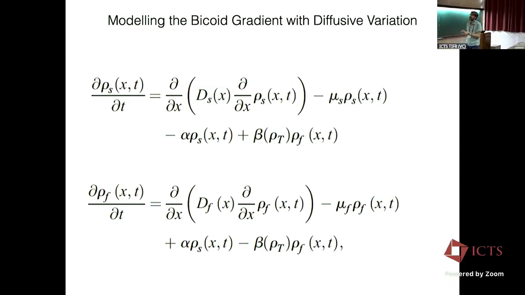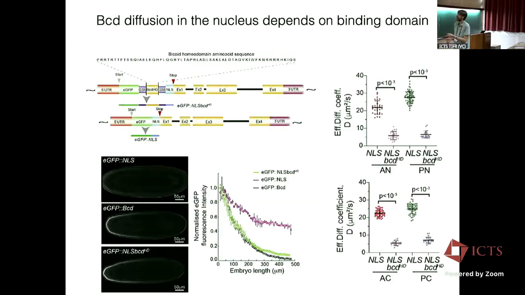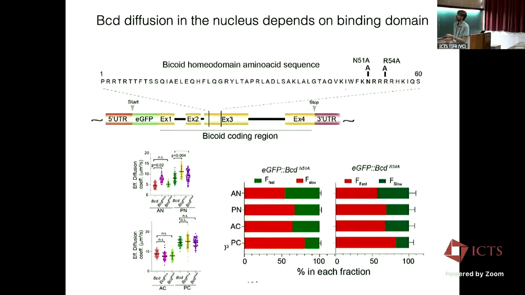What is physical? Well, I should have put the four equations so it makes sense. When we do the FCS, we see two populations in the cytoplasm, and we see two populations in the nucleus. We see a fast form and a slow form, and we actually have the percentages of that from the FCS.